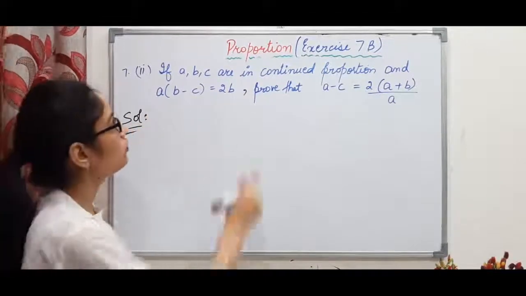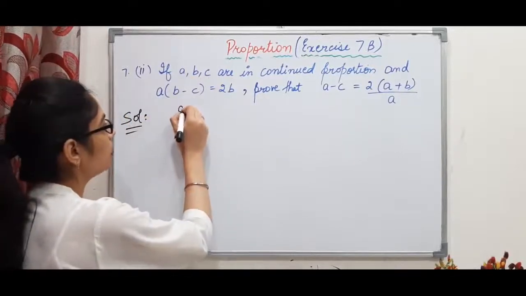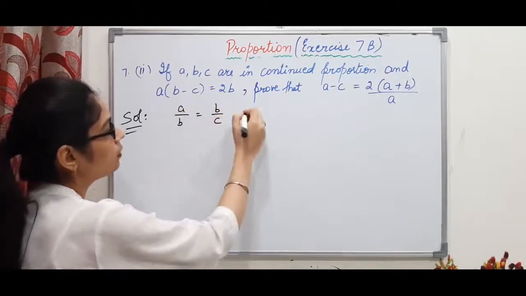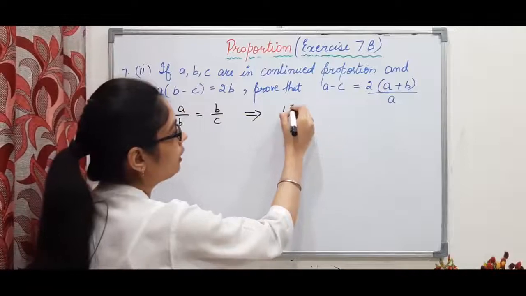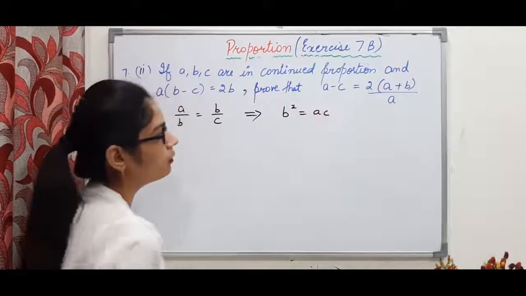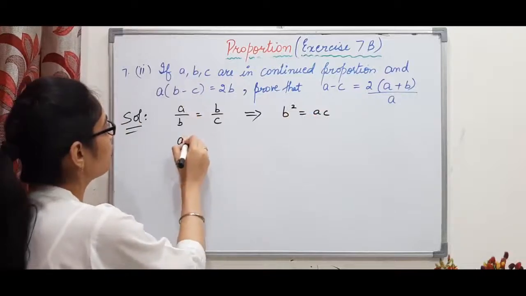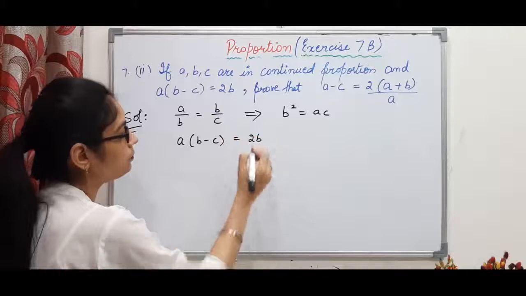So I will write the given things first. a, b, c are in continued proportion, so that means a by b is equal to b by c, which implies b square is equal to ac. This is given to us, and also a into (b minus c) is equal to 2b.